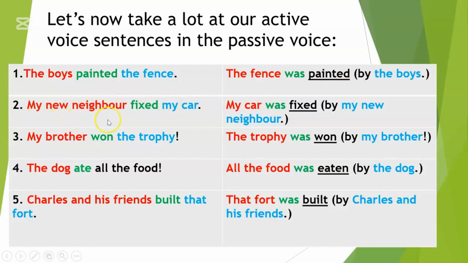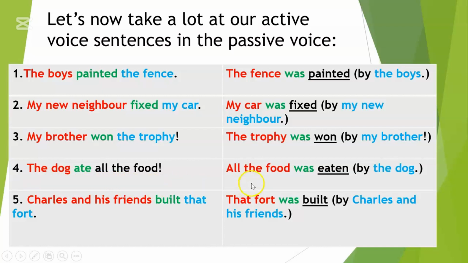My new neighbor fixed my car. Passive. My car was fixed by my new neighbor. 3, active. My brother won the trophy. Passive. The trophy was won by my brother. 4, active. The dog ate all the food.